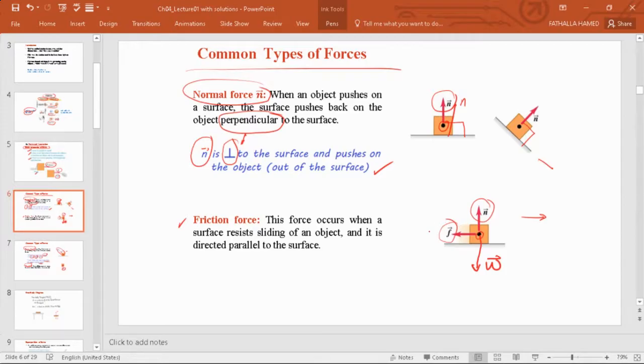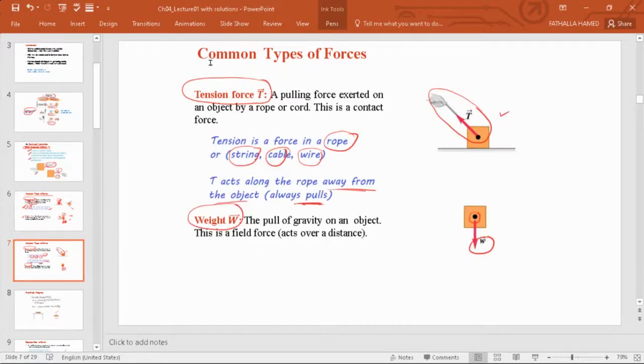And the friction always acts between the surface and the object that's moving on it. So to complete this, we can add the weight here as well. So the common type of forces that we're going to encounter, it's either the normal force or the friction force or the tension or the weight. Is this clear?